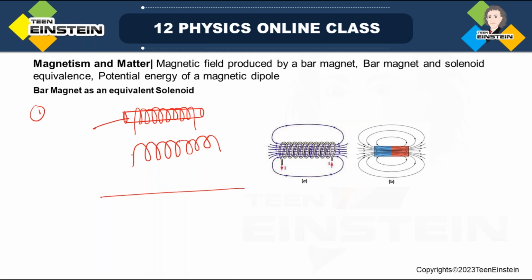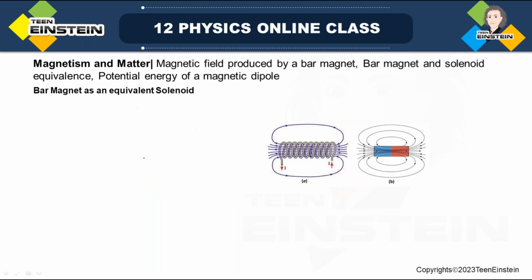You can just send current through this coil, and when current passes through it, an axial magnetic field will be produced. So we'll see here in the figure.